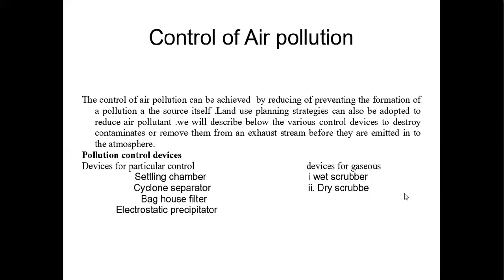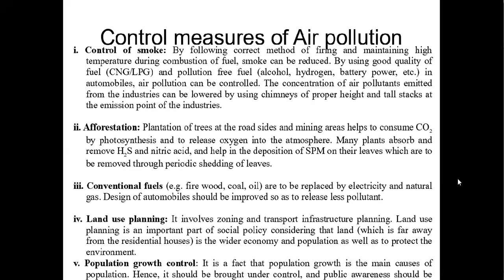Pollution control devices such as settling chamber, cyclone separator, baghouse filter, electrostatic precipitator, wet scrubber, and dry scrubber are used to control air pollution. Air pollution can also be controlled by control measures like smoke control, afforestation, use of nonconventional fuels, land use planning, population growth control, etc.